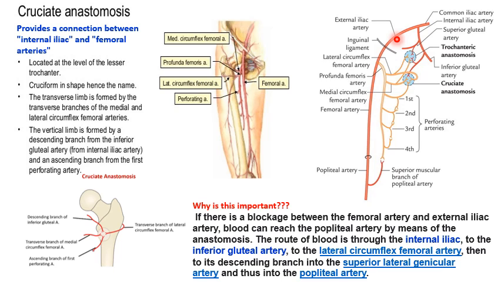So that's how it is forming a connection between the external and internal iliac arteries.